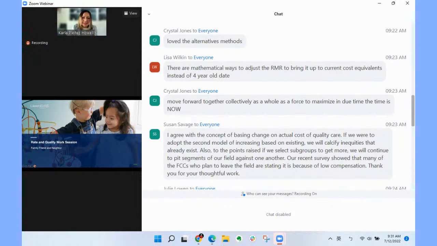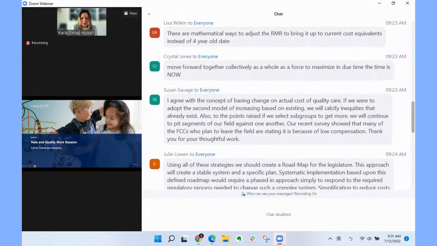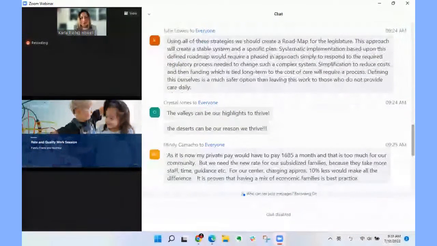But basically, this is a placeholder in the report. The work group was really clear that family, friend, and neighbors should be part of the base discussions. And then questions came up as to what the family, friend, and neighbor workforce looks like in the state of California.